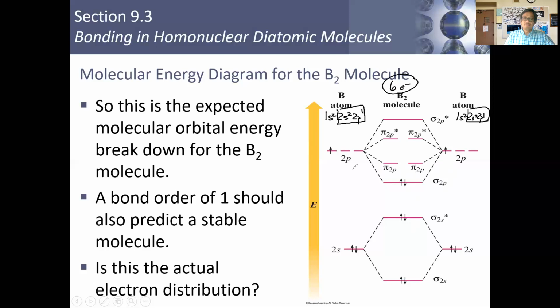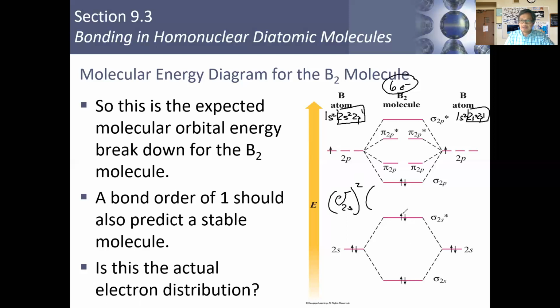And so if we were to write out the electron configuration for diboron, then in the sigma 2s molecular orbital, we're going to have 2 electrons here.